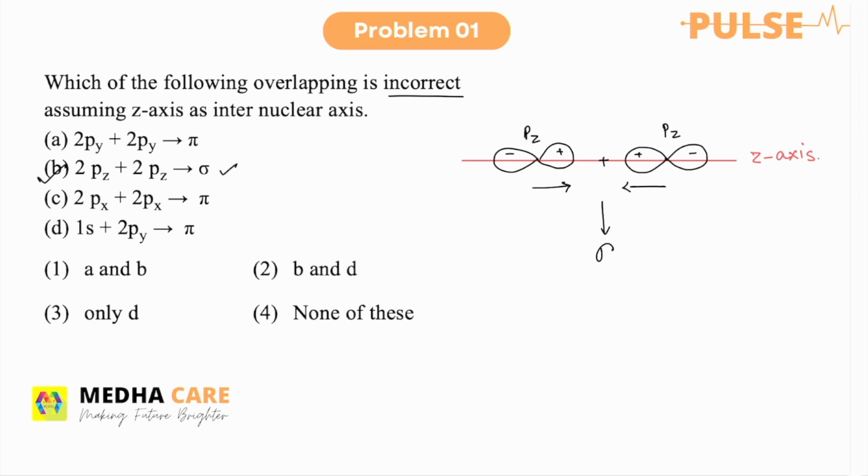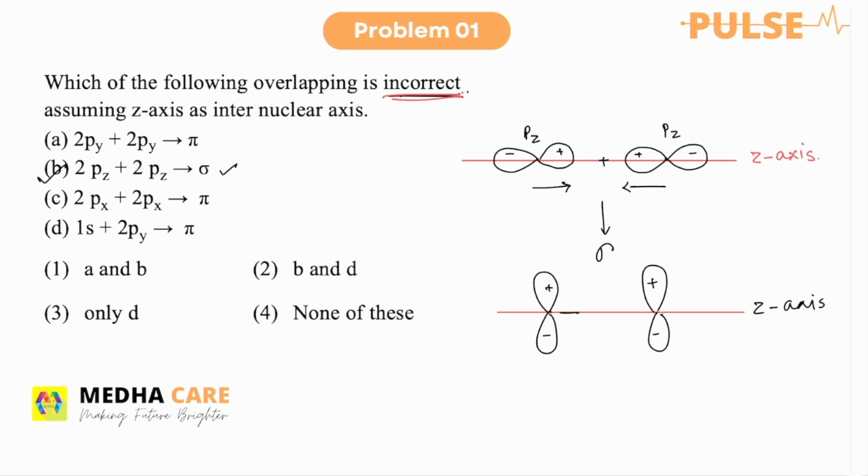So we have to find the incorrect one. Remember, pz will form sigma. Now if this is Z axis, if we consider px or py, they will be perpendicular to this Z axis.